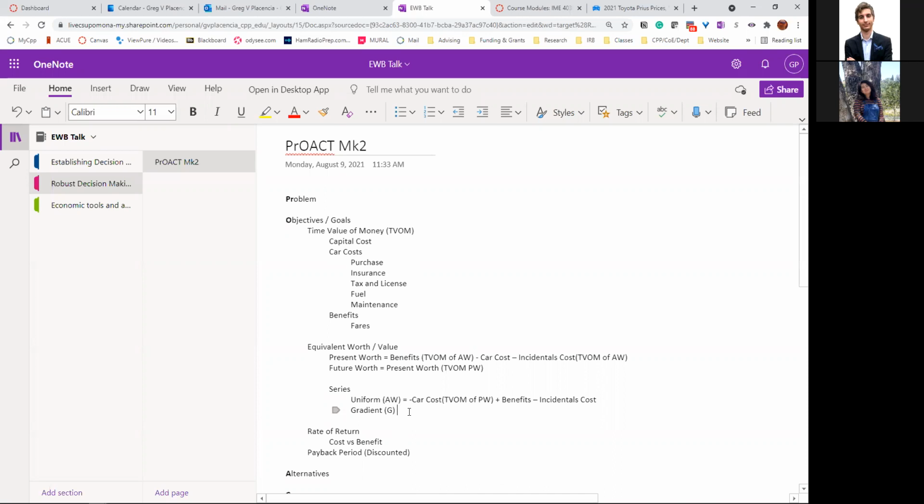Well, I'm noticing I'm having to spend more to keep it. I'm spending more time in the shop. So maybe you want to look at the increase in the maintenance fees and figure out the additional maintenance fees along with the current cost. How much is that going to be worth versus buying a new car? You may find out that it's actually cheaper to get a newer pre-owned car than to continue on with maintenance costs. And that's typically where gradients come in.